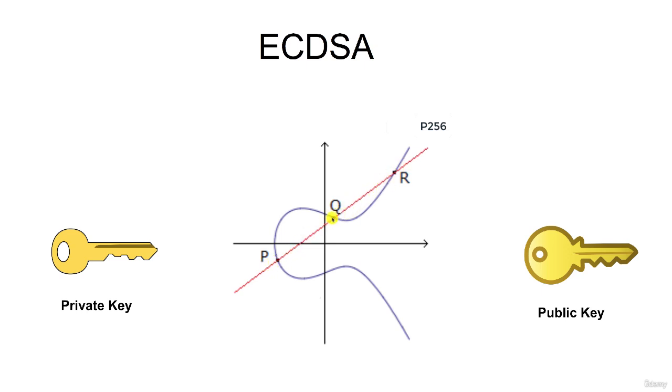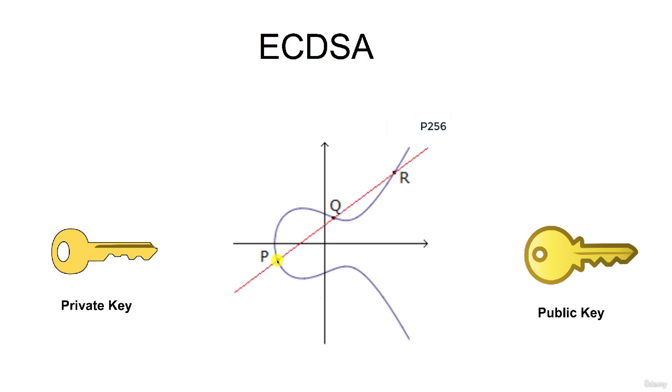The intersecting points are identified as Q and R. We'll take this point Q and bring it down. Then we'll again take this point P and Q to create a line that passes through these points. We repeat these steps and will result in many point Qs and point Rs. Let's say that we end up with a point Q here. We'll use this to generate our public key.